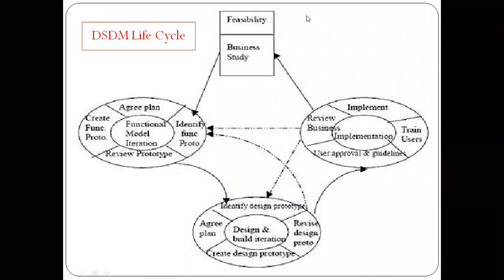If we see the next slide, it has a diagram. What is this diagram? It is the life cycle of DSDM. The DSDM life cycle has four phases. The first is feasibility and business study.